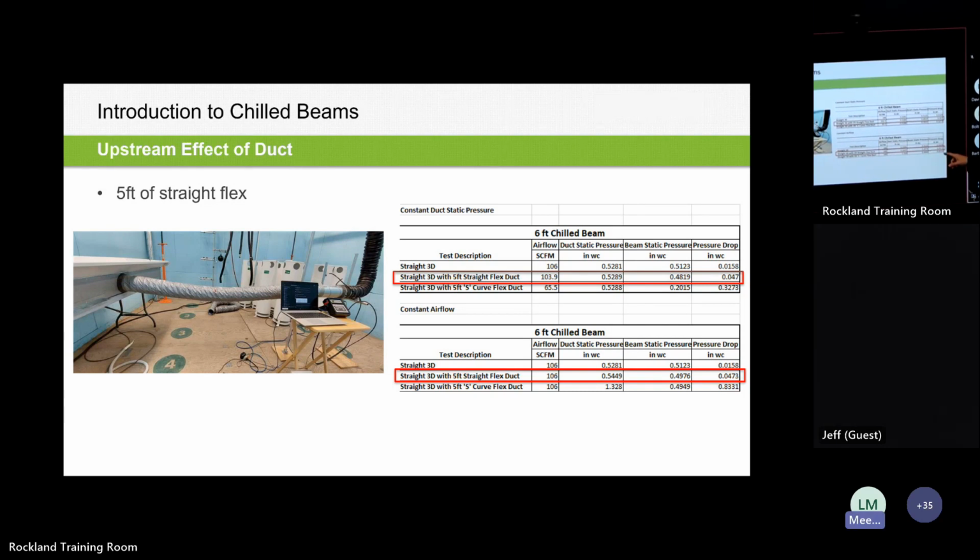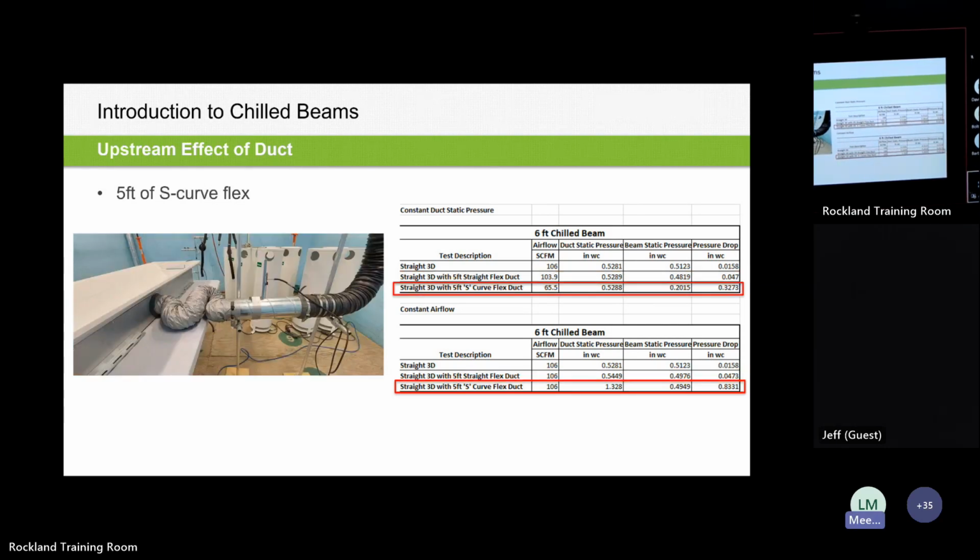So that's pretty common. Now, surprisingly, maybe not surprisingly to those in the room or listening online, when you, and I know nobody's ever seen this on a job site, right? We don't have to pass around a signature for this, but essentially if you have some crazy condition on the inlet from the ductwork, say if you're running ductwork and there's an elevation change, you have to kind of snake it down to the chilled beam, creating an S-like curve, that's going to have a significant impact on the beam.